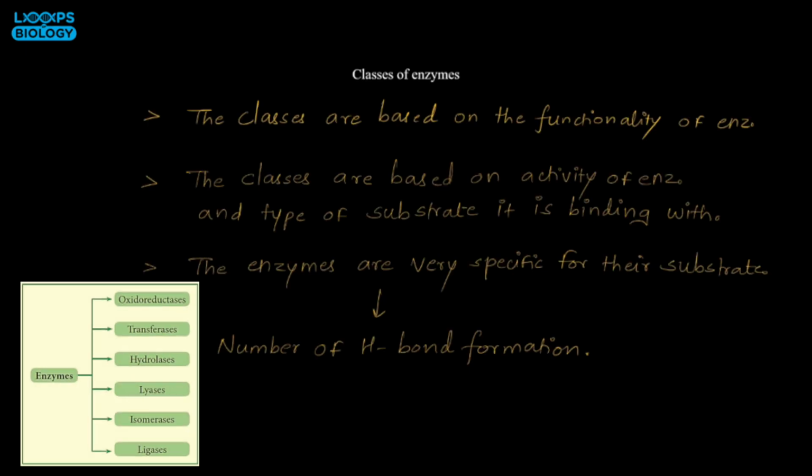There are going to be a total of 6 classes, as we have seen, OTH LIL. Got it? Now how are these classes segregated? Let's see according to their name. The first class is nothing but oxidoreductase.